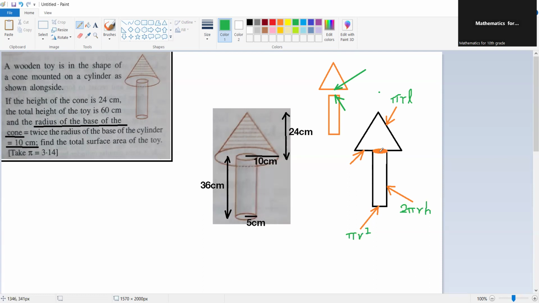The other side of the pi r square is missing, and this is also an empty area in the base of the cone. So this is pi R square, which is the base of the cone, minus pi r square, which is the flat surface area of the cylinder.